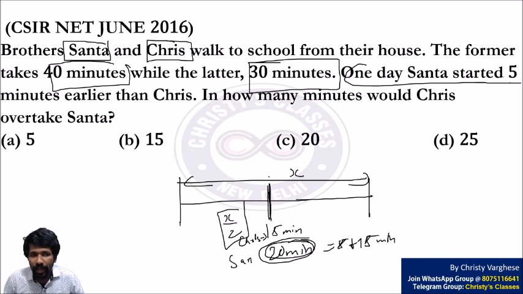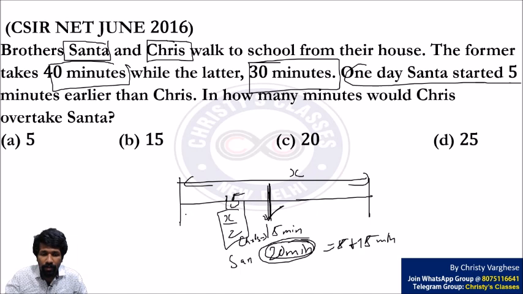That means Chris can overtake Santa in 15 minutes, since the question is asking for Chris's time. Are you understanding? How many minutes would Chris take to overtake Santa? In 15 minutes, because by then Santa has reached only the center.